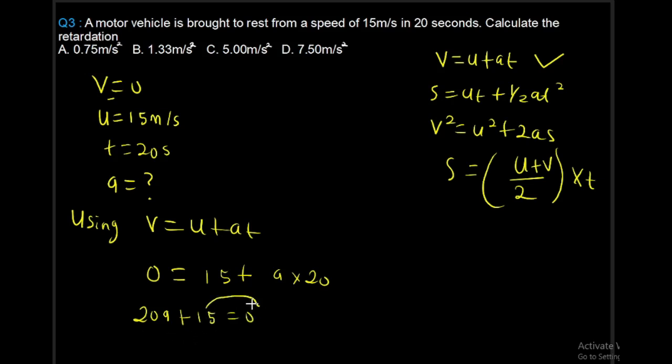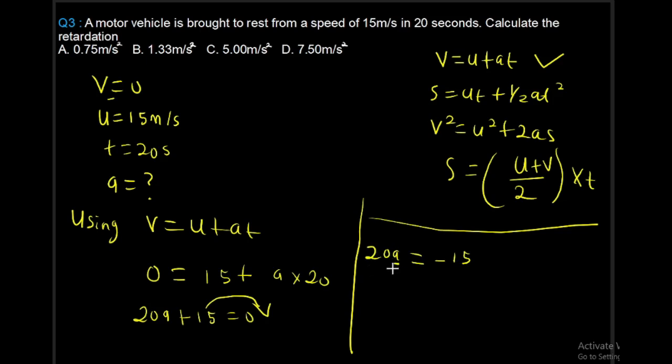We move 15 to the other side of the equation, and that's going to give us 20a equals minus 15. To get a, we divide both sides by 20. So we have 20a all over 20 equals minus 15 all over 20. That will give us a equal to minus 15 divided by 20, which is minus 0.75.